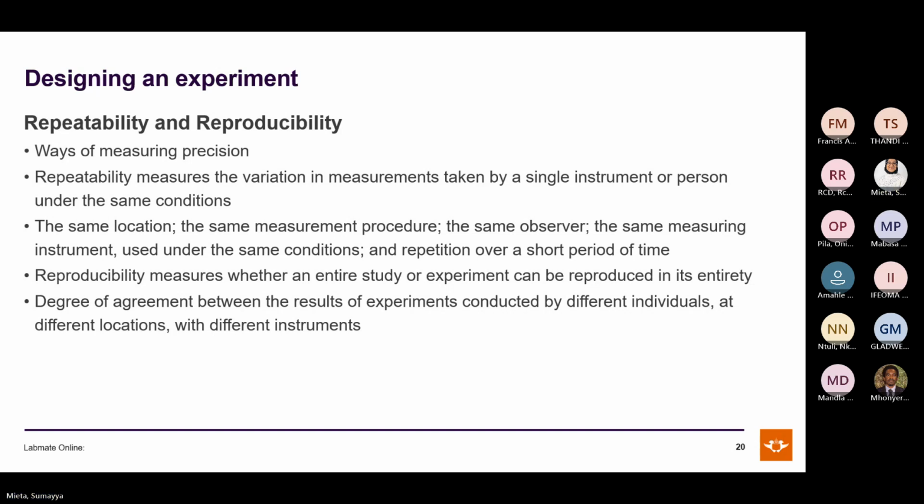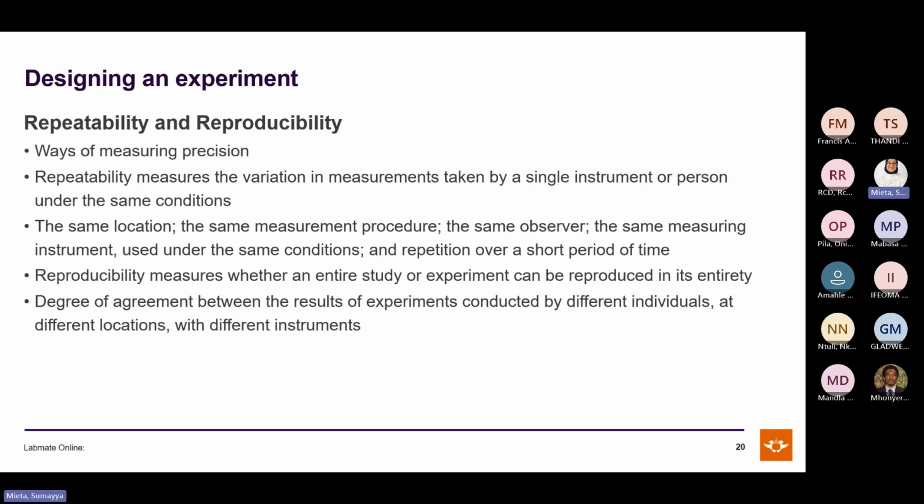And another one would be where I can conduct an experiment and get a set of results, and you can conduct that experiment in your lab and get the same result. Okay, and that is reproducibility. Okay, so we can reproduce those results.